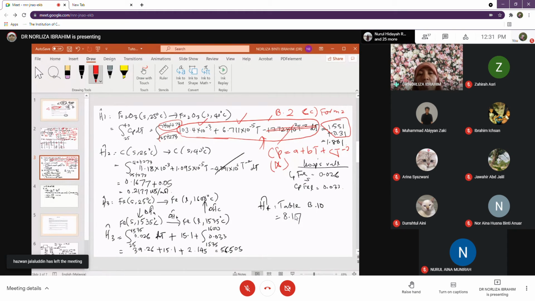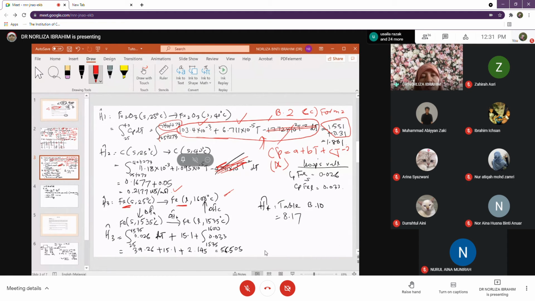The temperature in Kelvin. Again, I am ignoring the last term, because as I mentioned earlier, the value is 0.2177. For H3, the reference state is ferrum solid, but the product is ferrum liquid. So you have to do a hypothetical process path.